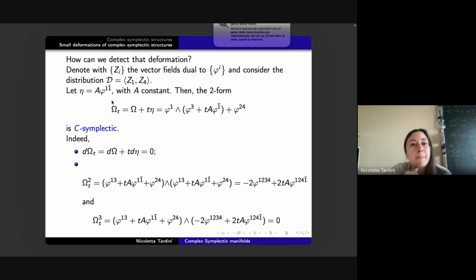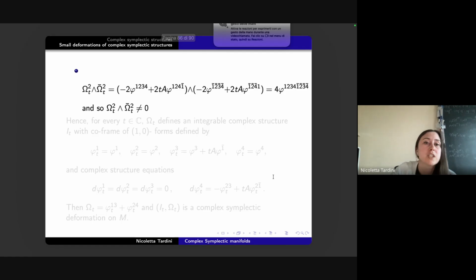And you can show this explicitly. It is closed because omega was closed. It was a complex symplectic form, and eta, again, is also taken to be closed. Then you take omega to the power n plus 1, so omega to the power 3, and this is 0. It is, again, a direct computation to show that it is 0.